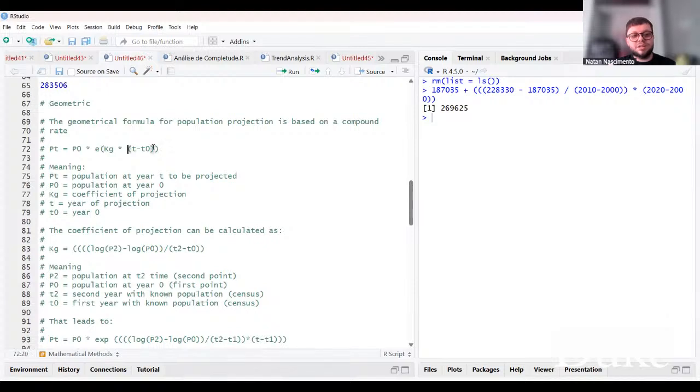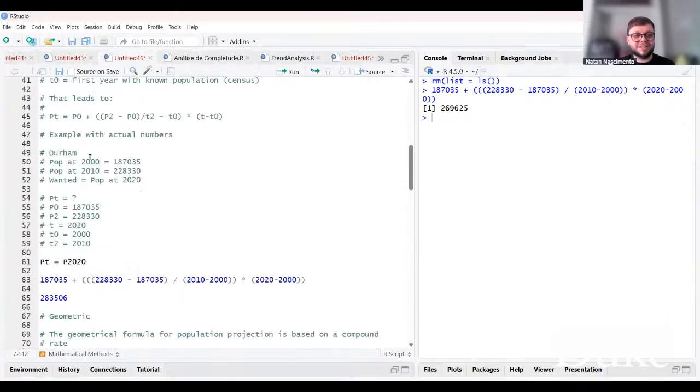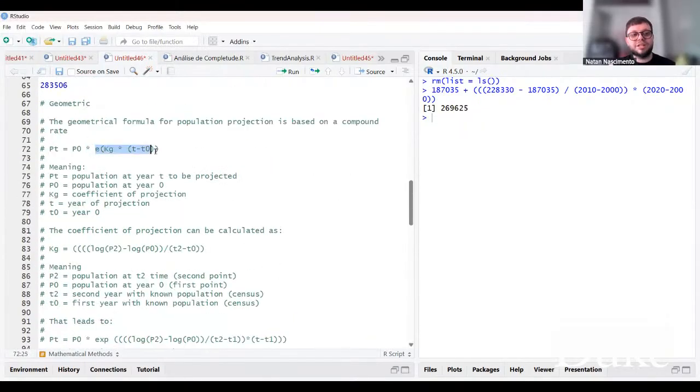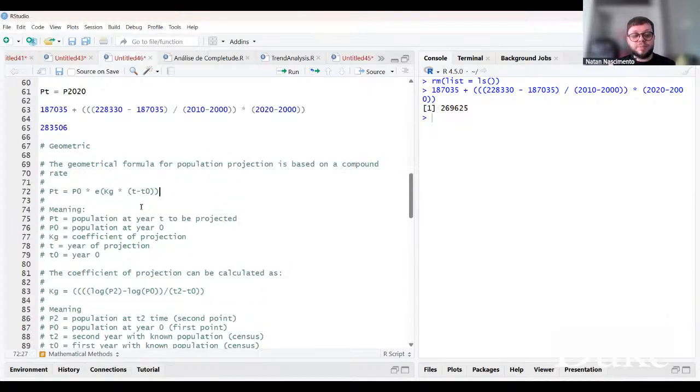You see that this stays the same, the coefficient multiplied by the difference of years. But here we don't have the plus that we have here. We're multiplying, and this is exponentiated. And we did that because it's a curve. So we need to exponentiate to get this curve going.